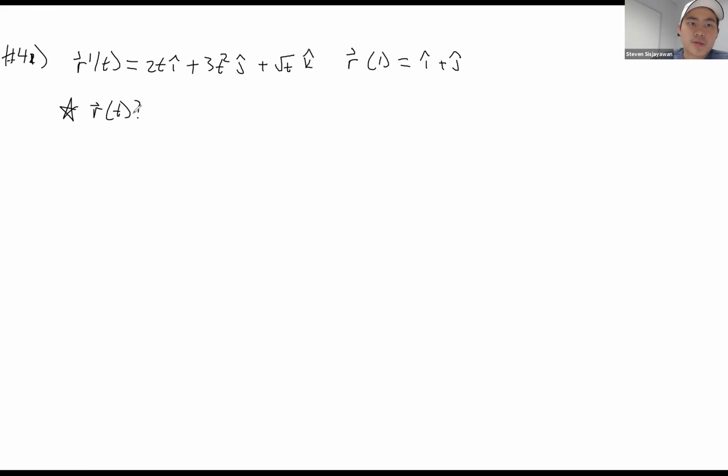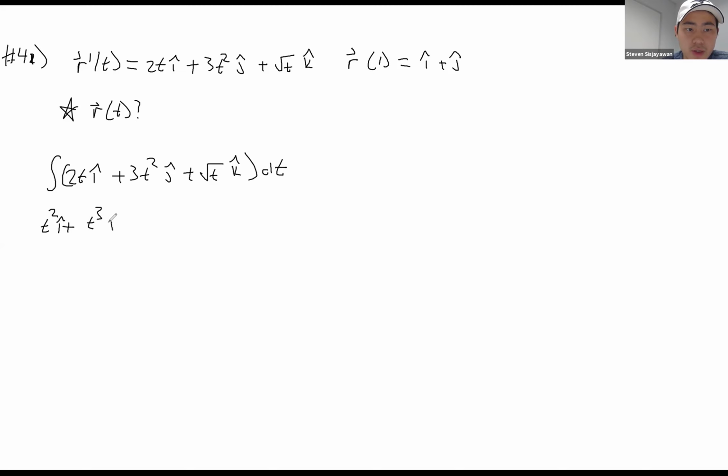Okay. So what we can do is take this r prime of t and integrate it, right? So we can integrate 2t i plus 3t squared j hat plus square root of t k hat, all in terms of dt. We're integrating in terms of t. So in this case, we get t squared for the i component.